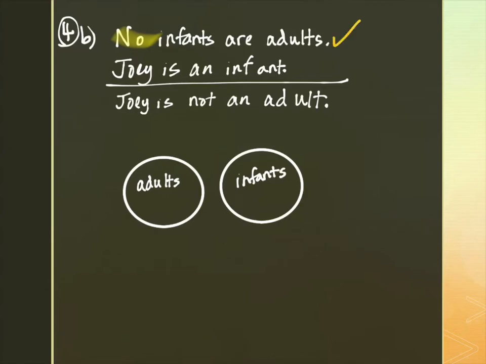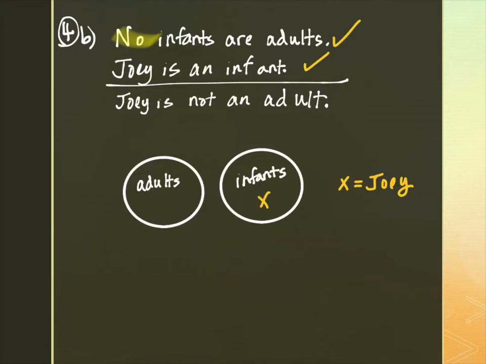How about my second statement? Joey is an infant. What would I do? X and infants. Yes, we're going to let X represent Joey. X is Joey, and where am I going to put it? In the infant circle. That's what the second sentence says. Joey's an infant.